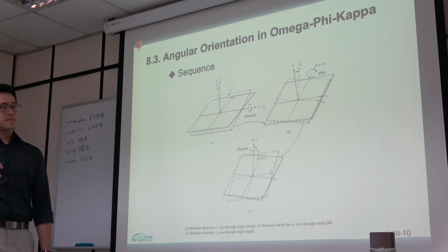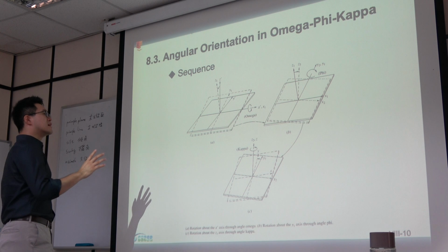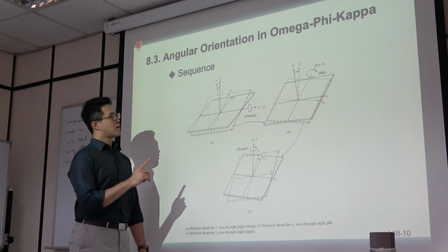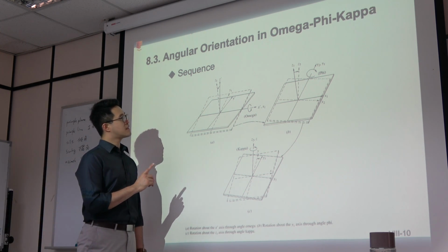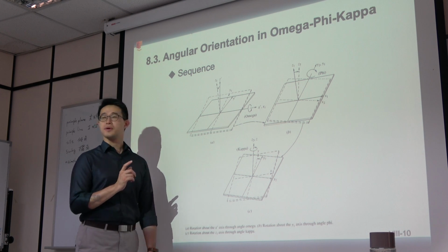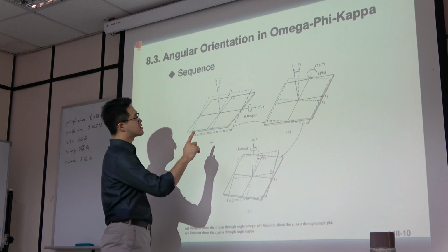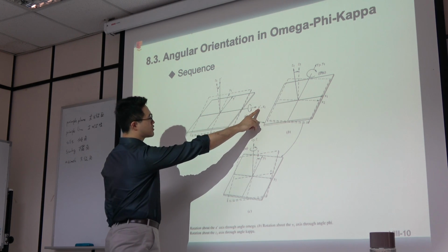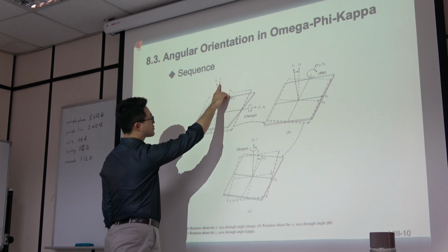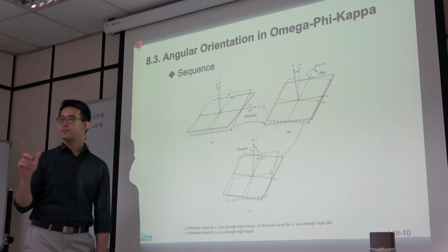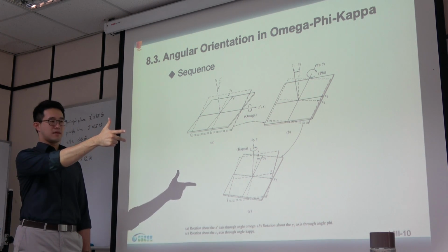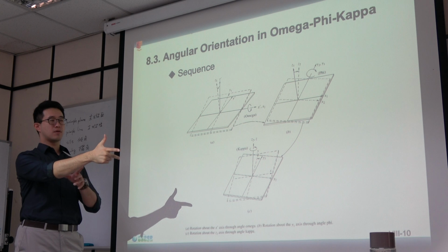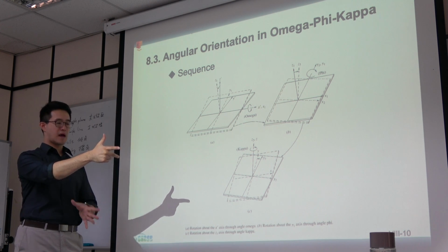So what I mean by that is, as you can see here, we can assume one system, which is the x-plane, y-plane, and z-plane. That x-plane, y-plane, z-plane is the axis that is parallel to the object space.